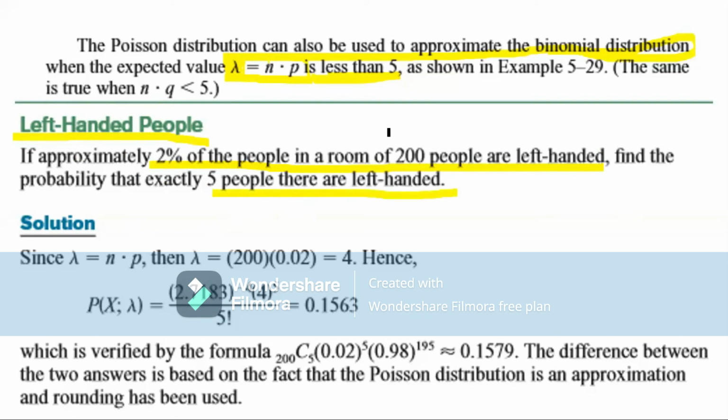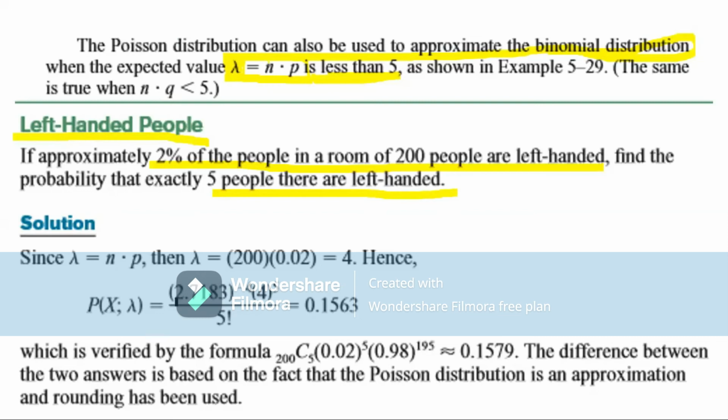अब इस सवाल में exactly 5 people are left-handed, इसको आप binomial probability distribution से भी calculate कर सकते हैं और Poisson probability distribution से भी calculate कर सकते हैं। मगर जब आप दोनों से करेंगे तो you will be amazed to know कि जो answer है वो approximately same है.